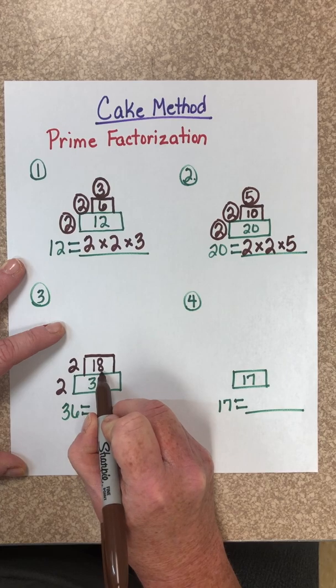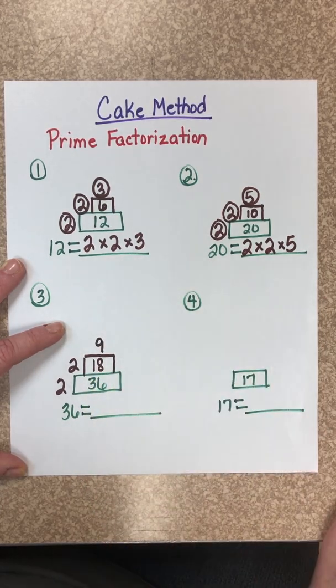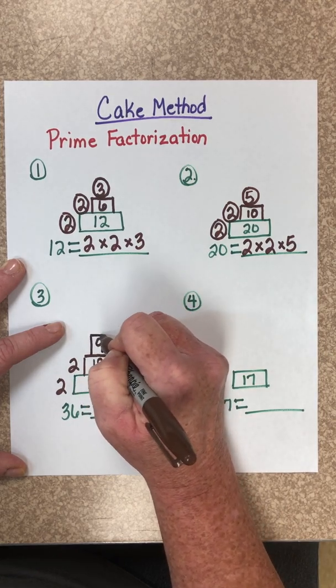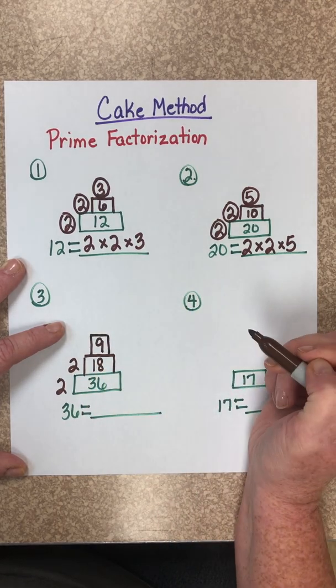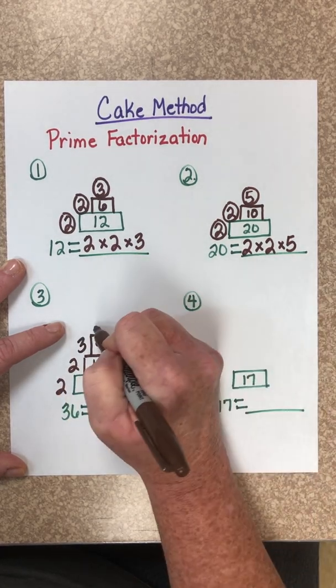So 2 times what is 18? Well, that's a 9. Well, 9 is an odd number, so we should try dividing it by 3. So let's make that another layer of cake. And let's see, 9 divided by 3 is 3.